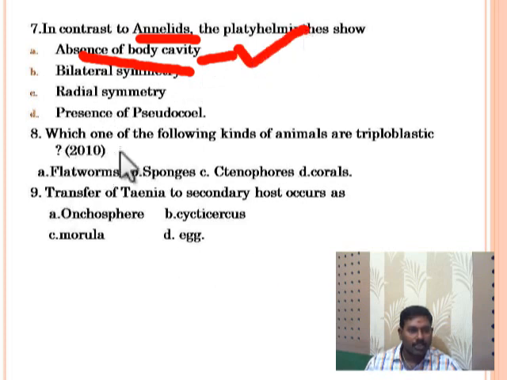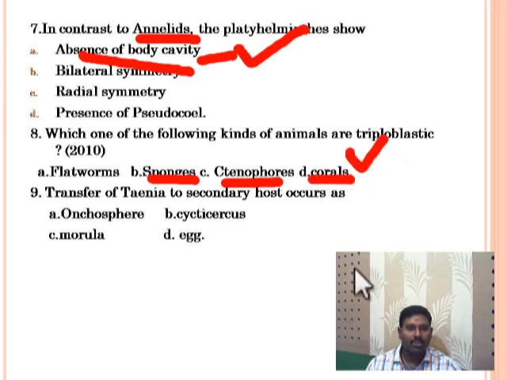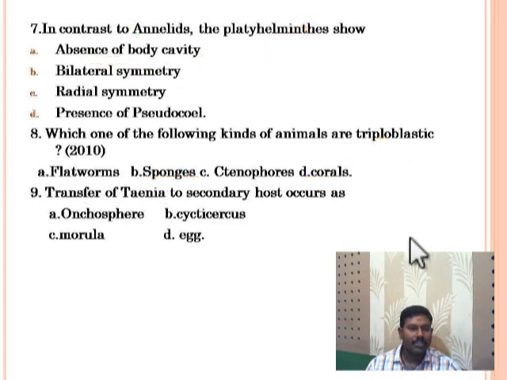And the next question, which one of the following kinds of animals are triploblastic? Sponges, diploblastic; Ctenophora, diploblastic; coelenterates, coral, sea anemone, they are also diploblastic. The only one which is triploblastic is flatworm or Platyhelminthes.